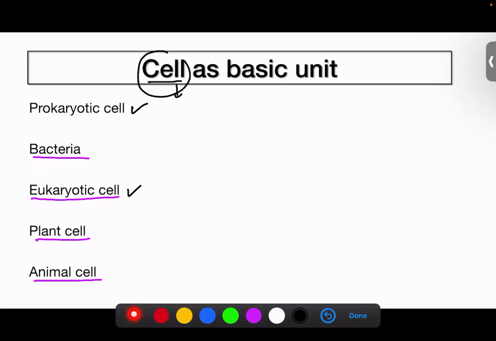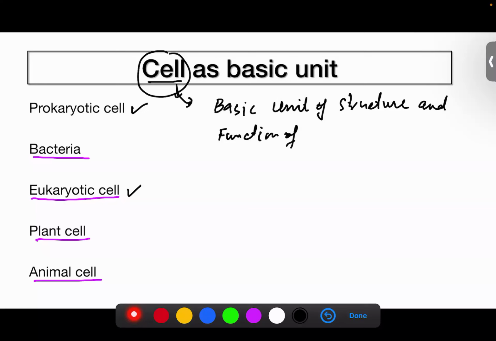So let's see, a cell can be described as a basic unit of structure and function of all living things.